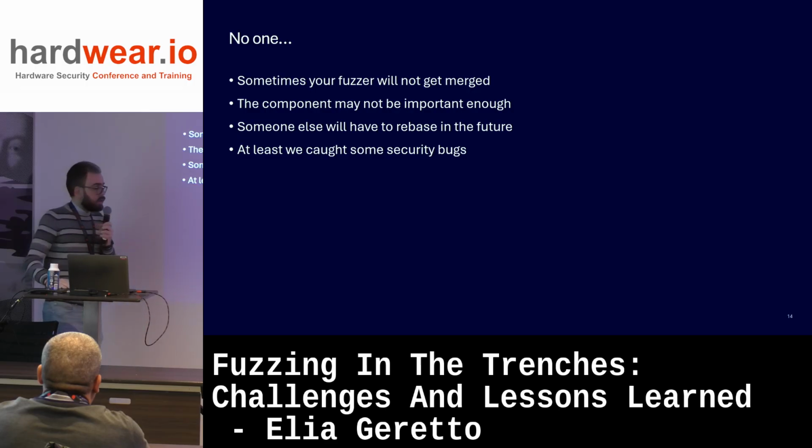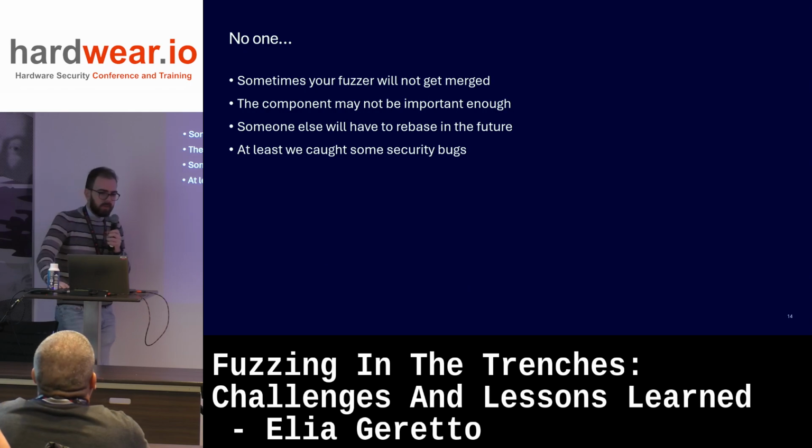And sometimes it just doesn't work. Sometimes you don't have the testing team. Maybe the component you checked is not important enough to be worth the effort, like the thing I was mentioning before of picking up the project again in 6 months, rebasing and working with the developers for the review.